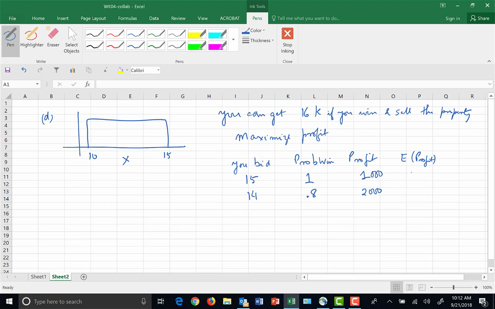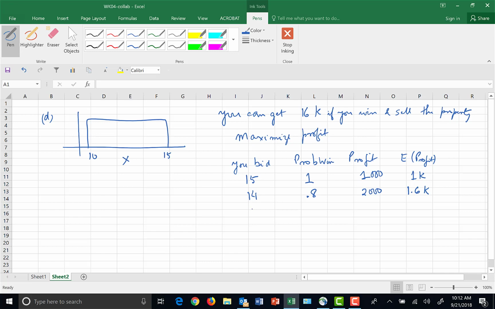I am absolutely certain that I can make $1,000 profit. In the second case, the expected profit is the profit multiplied by how likely it is to make that profit, which is $1.6k. Obviously I'm not going to make $1,600. I either make $1,000 or $2,000 or $3,000, but the expected profit calculation allows us to make comparisons as to what I should bid.